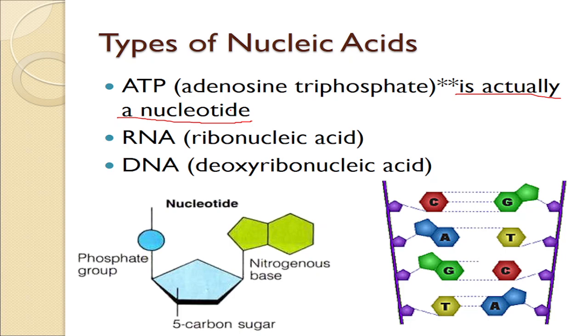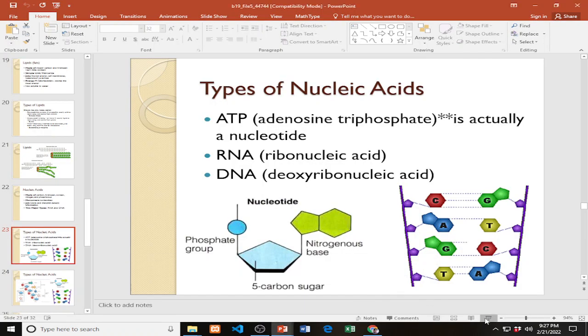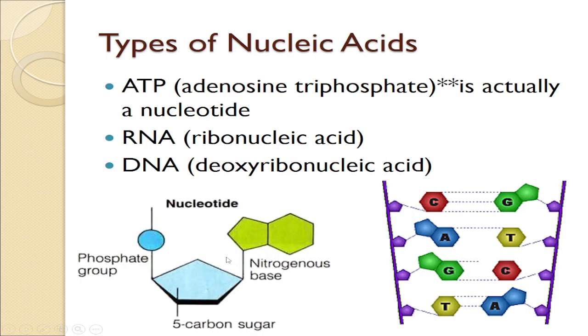We have RNA, which is the abbreviation for ribonucleic acid, and we also have DNA. Going back here, a nucleotide is composed of several parts.